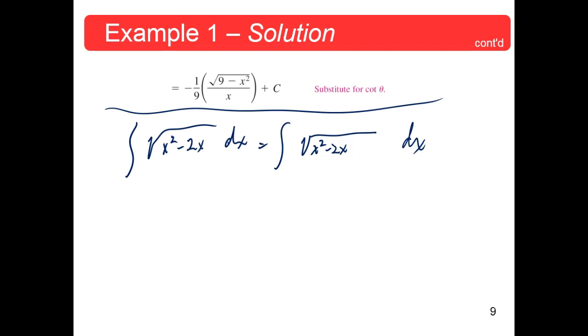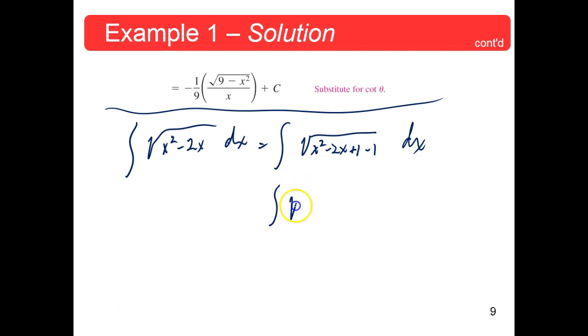Take half of this coefficient, which would be -1, and square it. Right? What's -1 squared? +1, right? +1. Okay? But if I add 1, I have to do a -1. Now, that looks sort of stupid, doesn't it? I mean, what's the point in that? Well, here's the point.